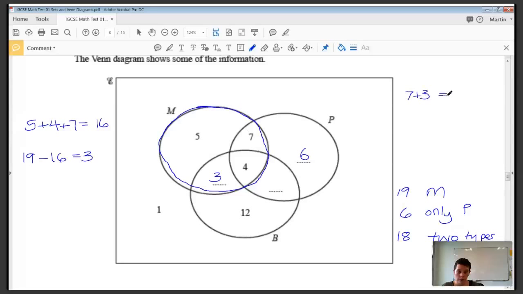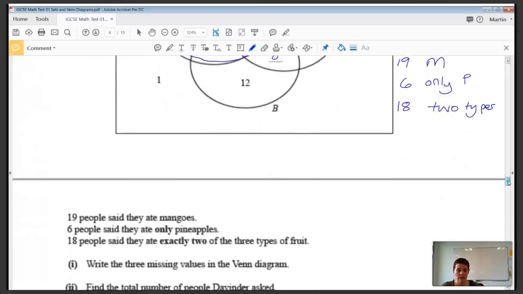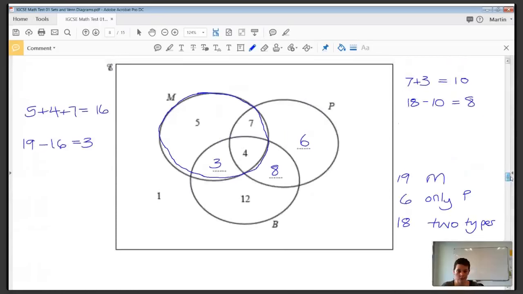So there's 10 people already there. So 18 people ate 2 types of fruit minus the 10 people who are already there means we have 8 people who need a home, and this is where they go. So now we've done that first piece. We have filled in the 3 missing values in the Venn diagram with our 3 numbers.